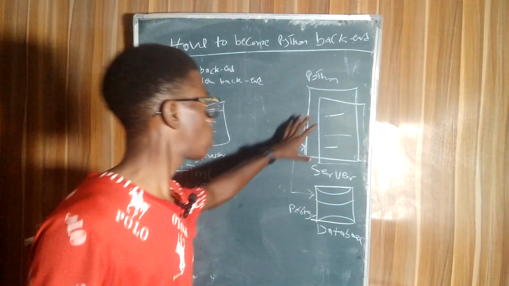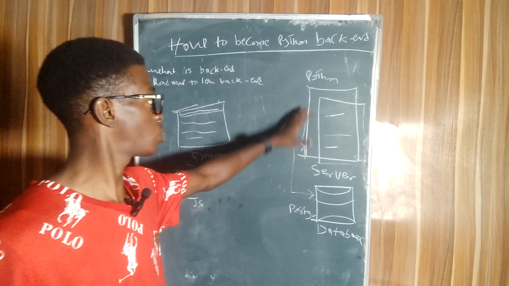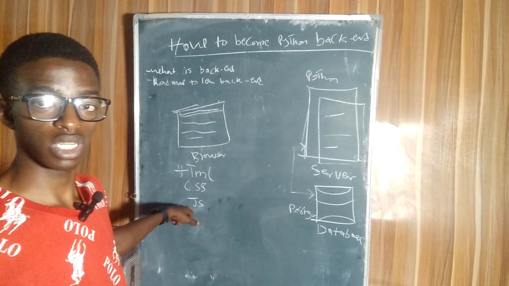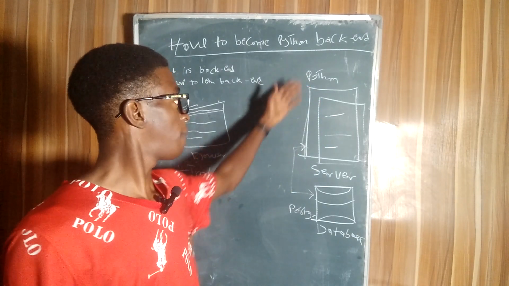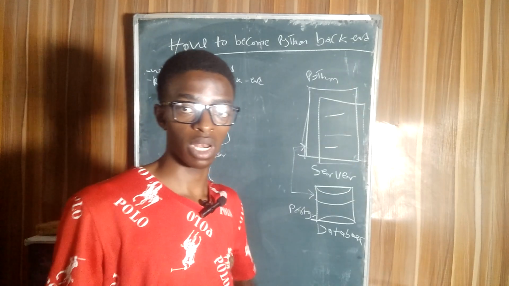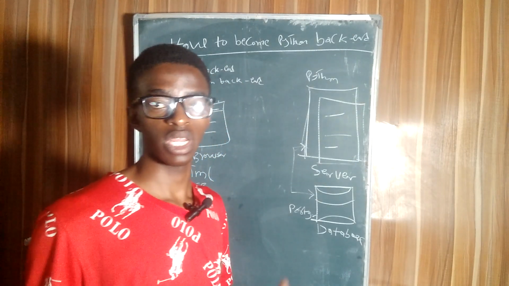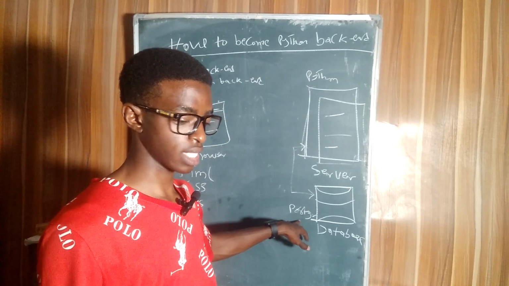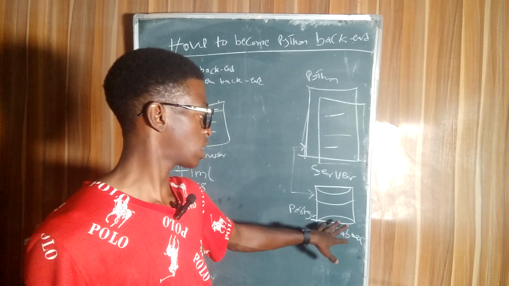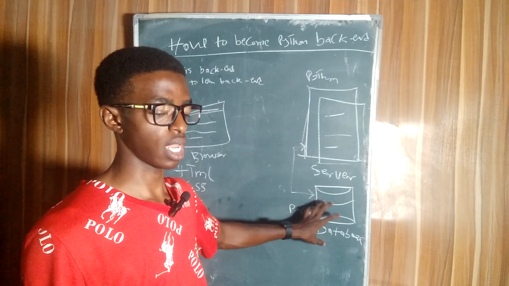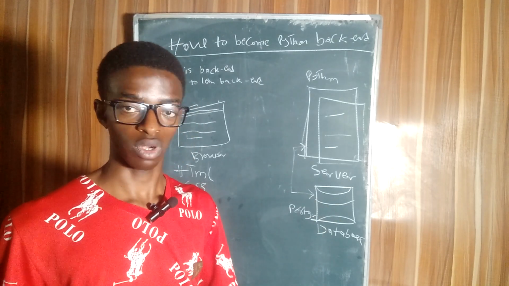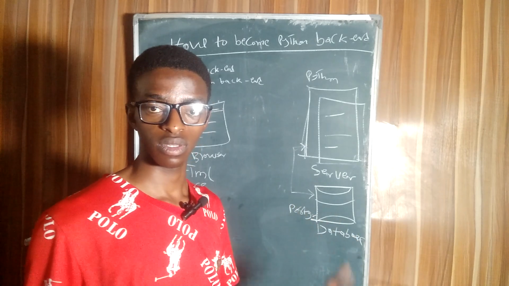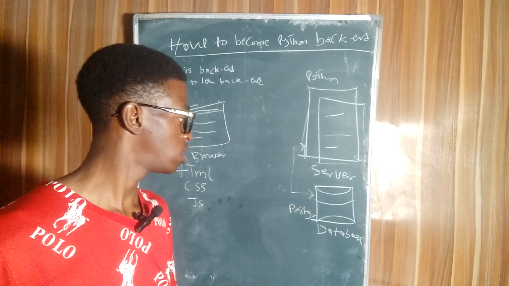So if you want to learn to write server-side logic, you have to learn a programming language like Python, or even the JavaScript that you already learned in front end. You can also use it. Python or C# or any other programming language that can work in a server. And PostgreSQL is a database, so you can install it and write SQL code, which is, what they call it, a query language.